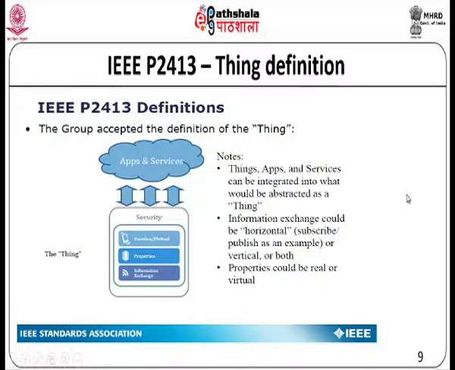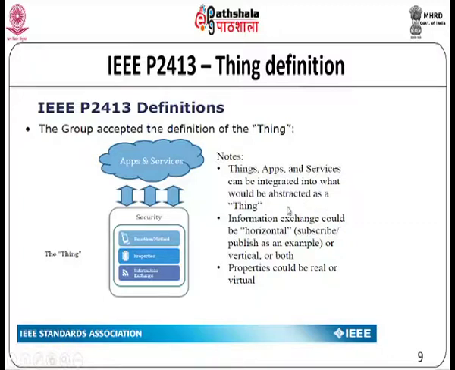There are different standards that have evolved as a part of this, and IEEE, which is the standards body responsible for many standards, came up with this idea of how you define a thing, because you are talking about Internet of Things. They came up with a definition which says that things, apps and services can be integrated into what would be abstracted as a thing.